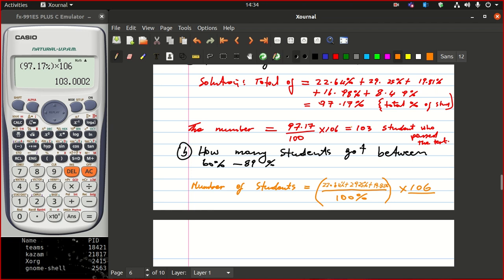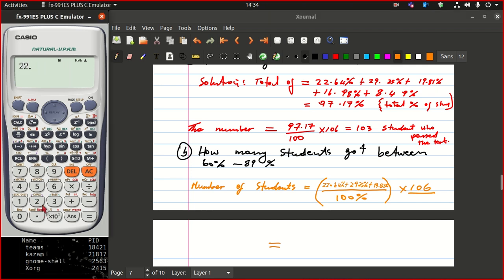So in a calculator here, let me do this. I will end up having 22.64 plus 29.25 plus 19.81, and then of course the answer that I am looking for here is going to be 71.7%.